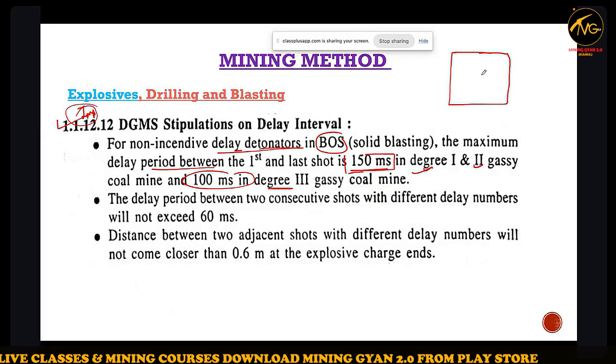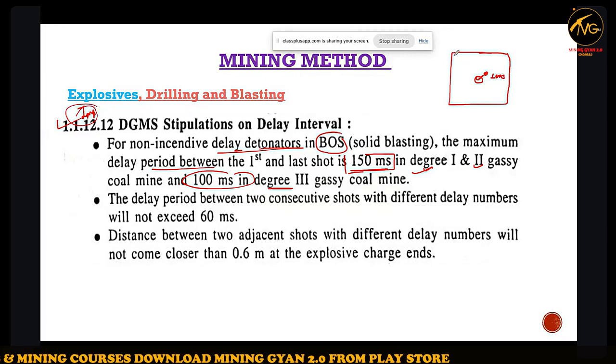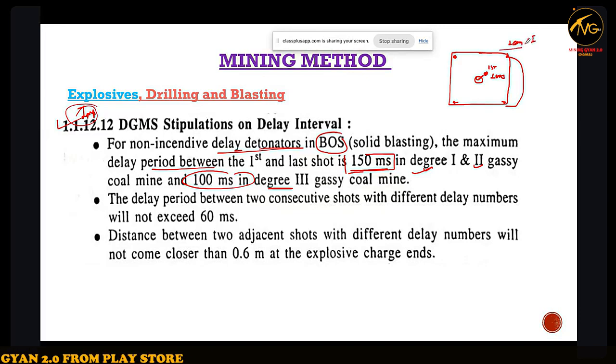So if you blast this first hole, suppose 1 millisecond, and this is your last hole, then the maximum is 150 millisecond for degree 1 and degree 2 and 100 millisecond for degree 3. Degree 3 should blast early because it is degree 3.